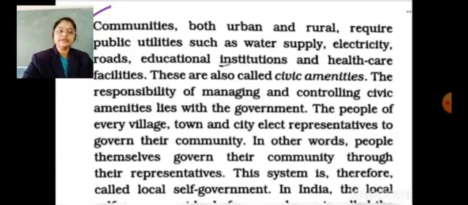In other words, people themselves govern their community through their representatives. This system is therefore called local self-government in India.